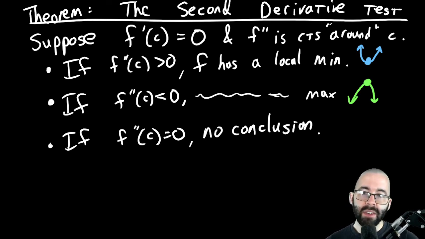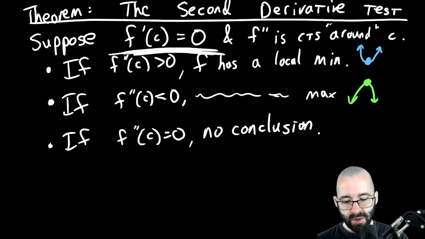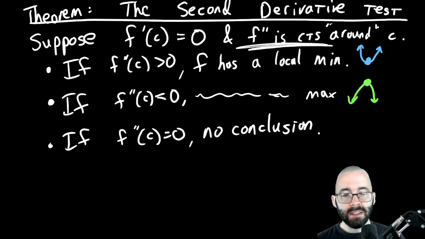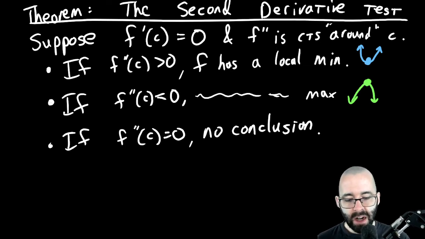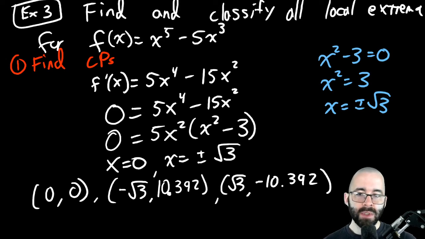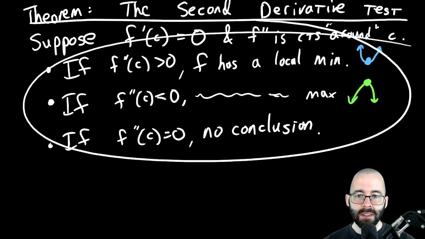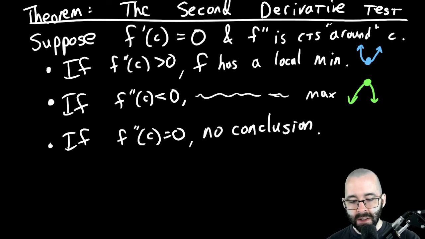So that's why second derivative tests can be a little nicer. The second derivative is continuous everywhere as well for our function. It is a quartic polynomial, so polynomials are continuous. So all we have to do to use the second derivative test is test what is the concavity at each of these critical points.